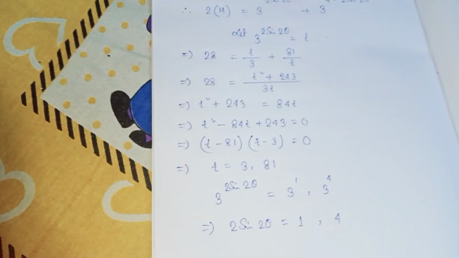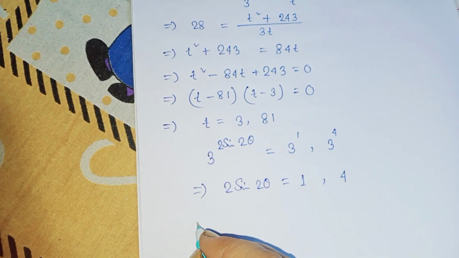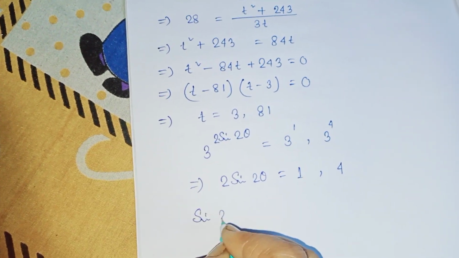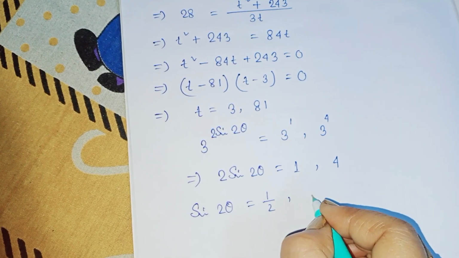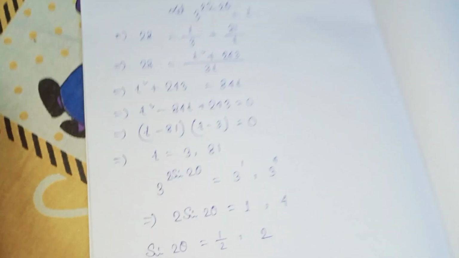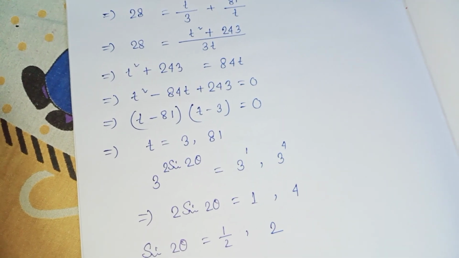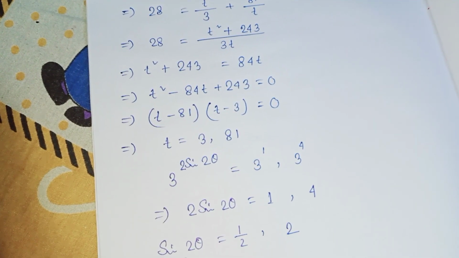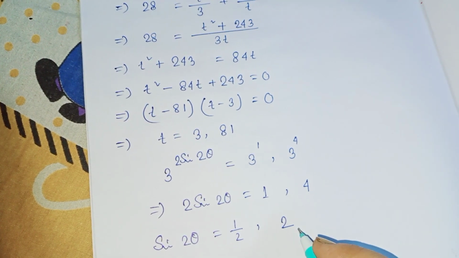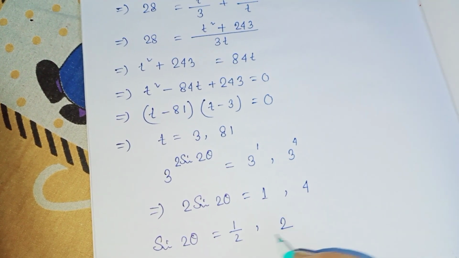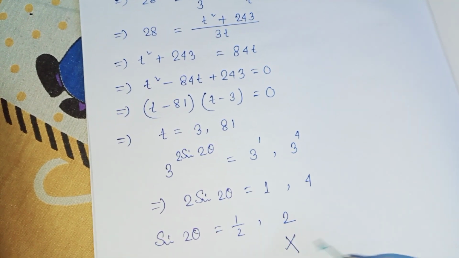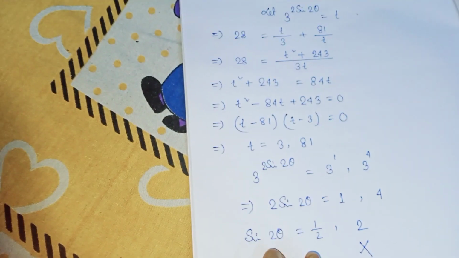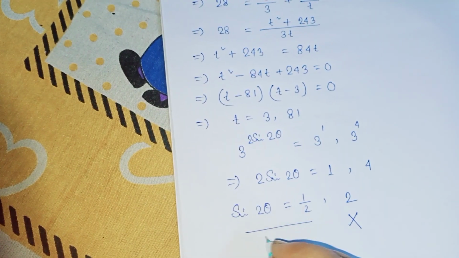So sin 2θ is equal to half or 2. But we know the value of sine must not be 2, so it is not possible and this value is rejected. So sin 2θ is equal to half.